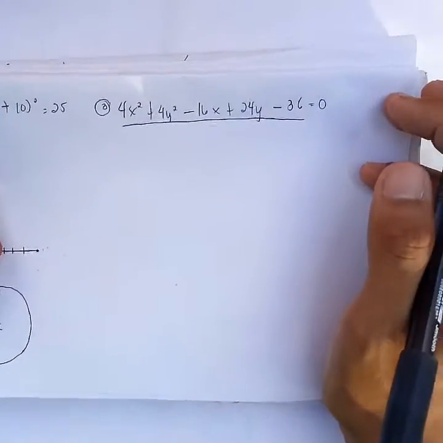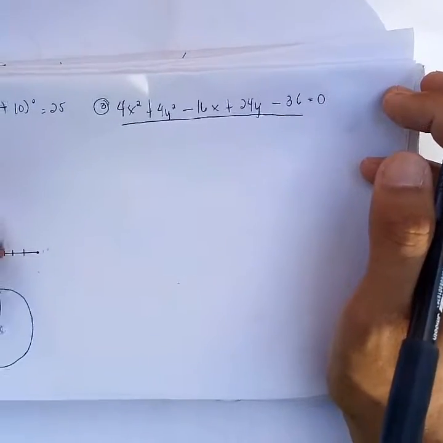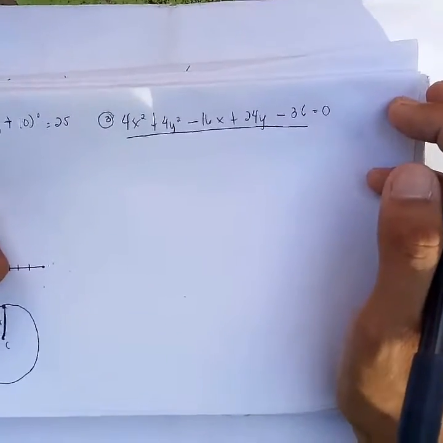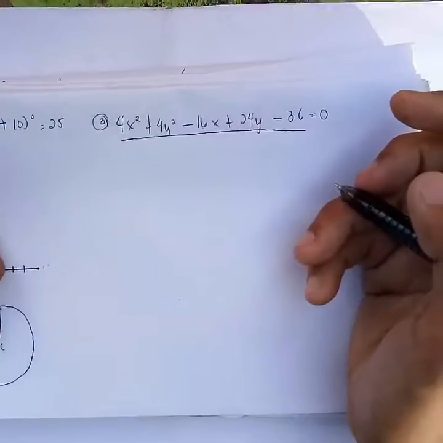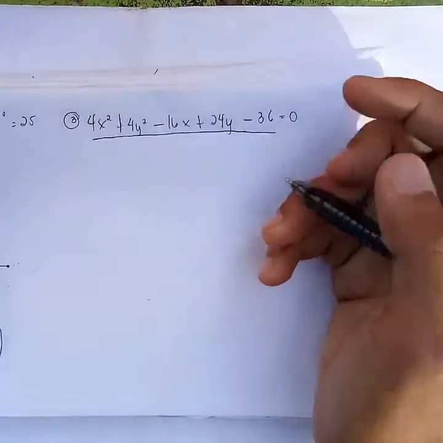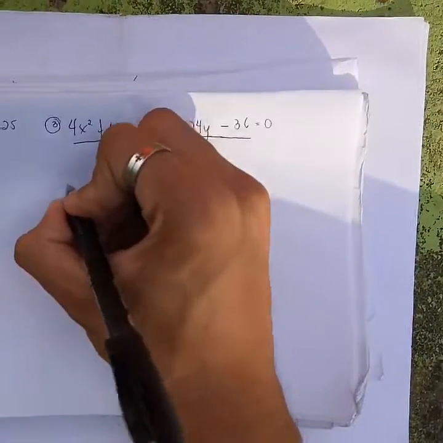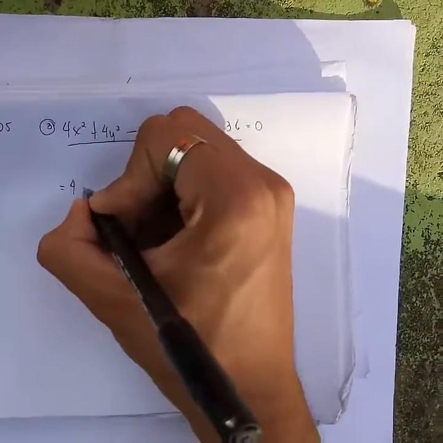Okay, if we do have the equation 4x squared plus 4y squared minus 16x plus 24y minus 36 is equal to 0, the best thing we must do is by using completing the square. First thing, we must divide it by 4.